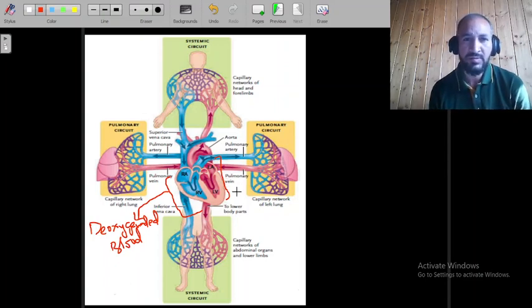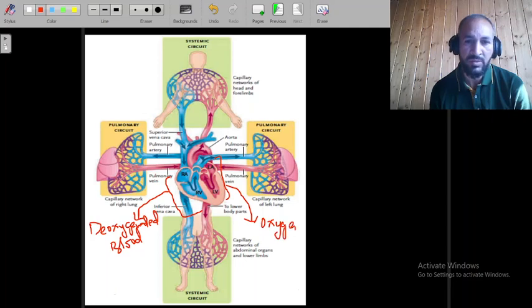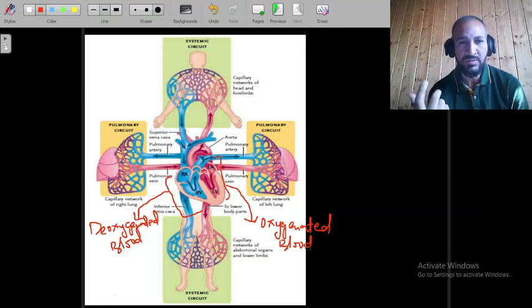And this left half of your heart, it's meant for the blood which is very rich in oxygen, which contains a lot of oxygen. So we call this blood oxygenated blood. So in the vessels around your body, two types of blood circulate. One contains very little oxygen, the other contains a lot of oxygen. That is deoxygenated and oxygenated simultaneously.